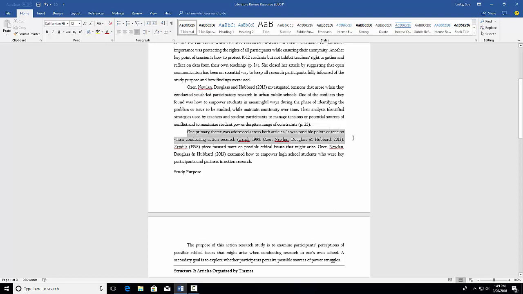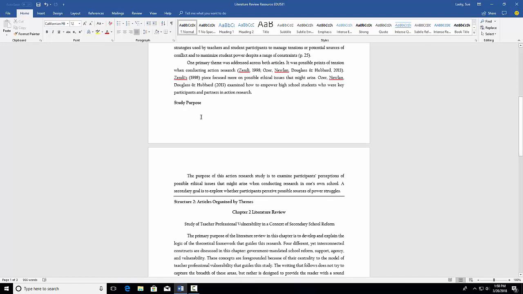After identifying what the key theme was, I then broke it down a little more finely tuned by saying that Zendi's piece focused more on ethical issues. It's still a point of tension. And Ozer, Newland, Douglas, and Hubbard examined how to empower high school students who are key participants and partners in action research. You close the chapter by restating your study purpose.